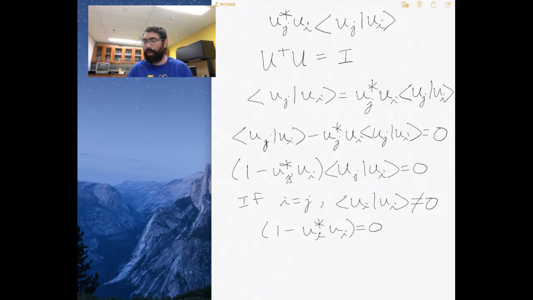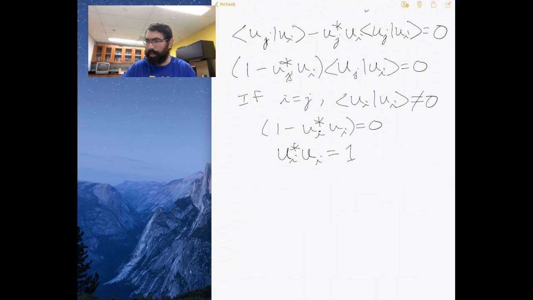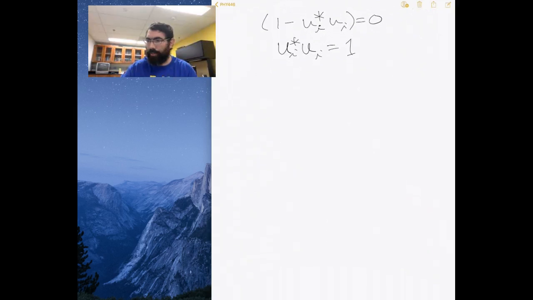What it means is that 1 minus the complex conjugate of u sub i times u sub i is equal to 0, which means that u sub i complex conjugate times u sub i is equal to 1. So that proves to us that these eigenvalues are complex numbers.